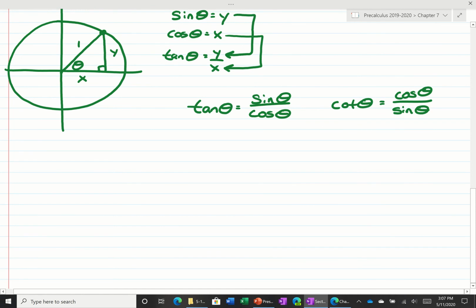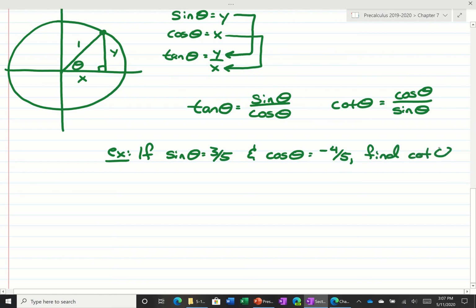So you might have a problem like this. If sine of theta is equal to 3/5 and the cosine of theta is equal to negative 4/5, find cotangent of theta. So the whole idea with this lesson is you want to try to figure out what formula has sine, cosine, and cotangent. Clearly that's this one right here.